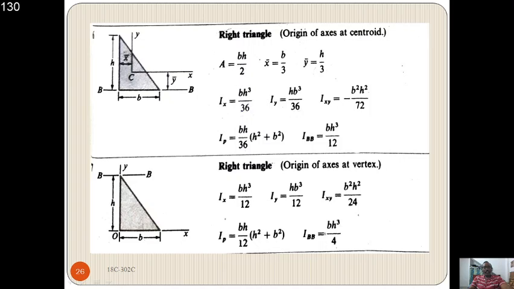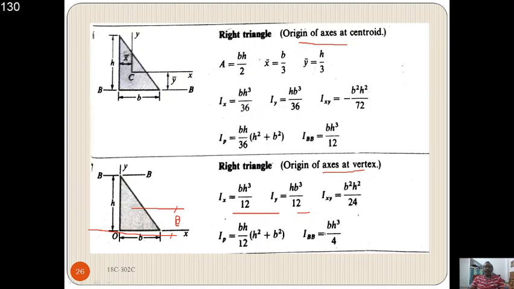For the right angle triangle, with the origin of axis at the centroid or at the right angle vertex, we need to employ the parallel axis theorem. If the origin is taken here, we know this distance value, so we apply this formula and it changes.